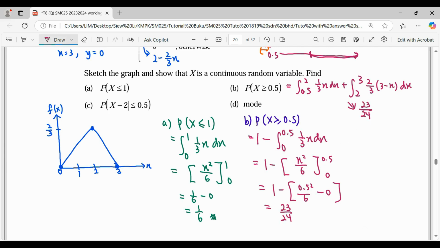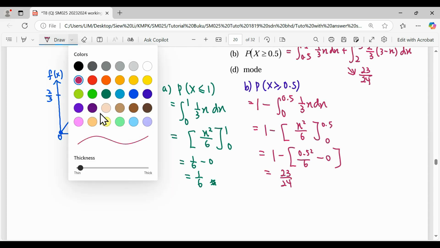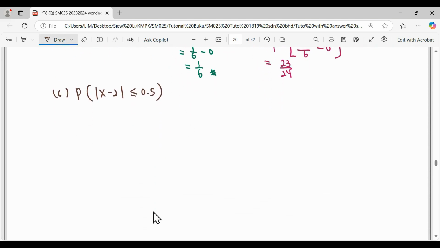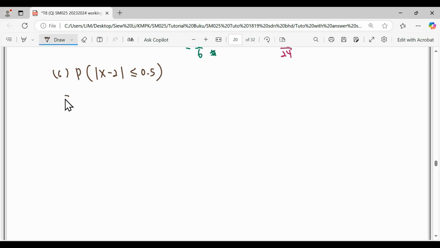Then we proceed. For the question C, you can see our random variable is involving modulus. So first of all, we simplify this modulus definition first.